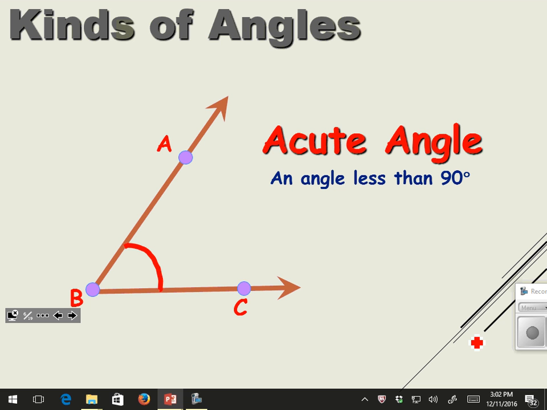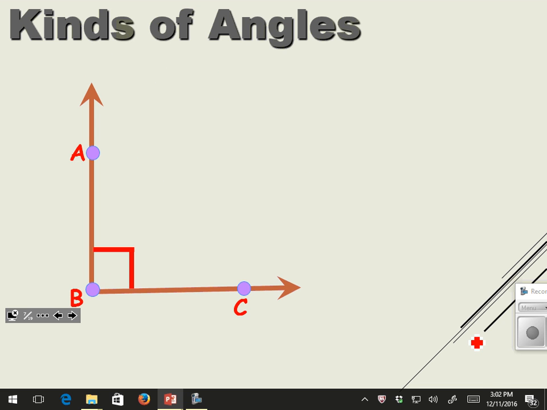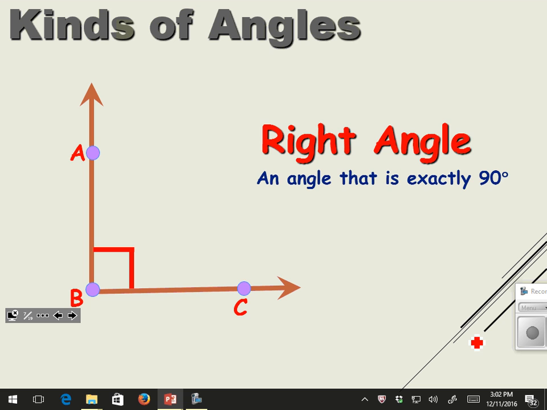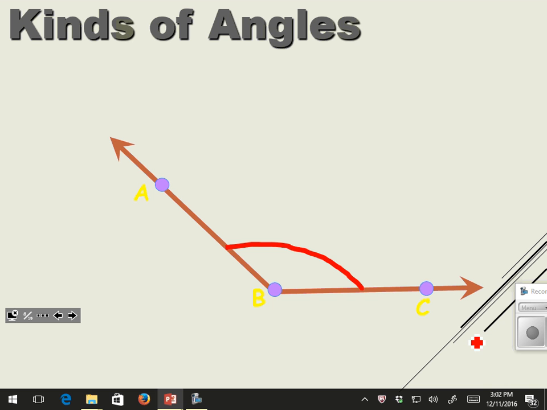Looking at the next slide, what kind of angle is this? This is a right angle, and a right angle is an angle that is exactly 90 degrees. The next slide, what kind of angle is that?